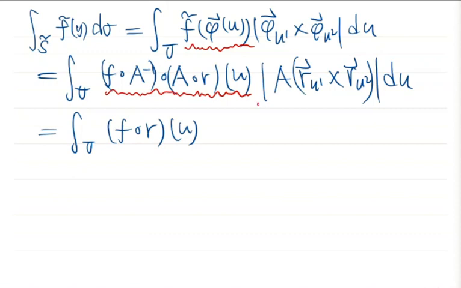And what's the norm? Because an orthogonal transformation does not change the norm of a vector, the norm of A acting on R u1 cross R u2 is precisely the norm of R u1 cross R u2.